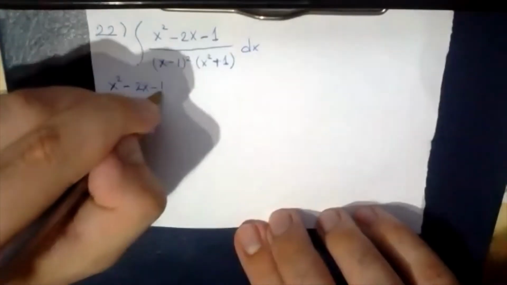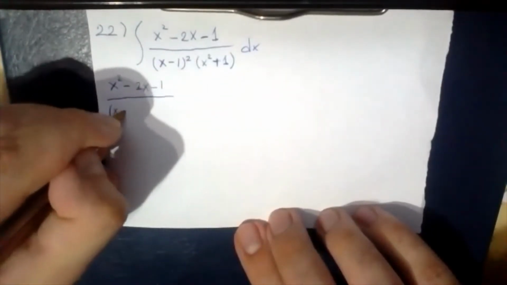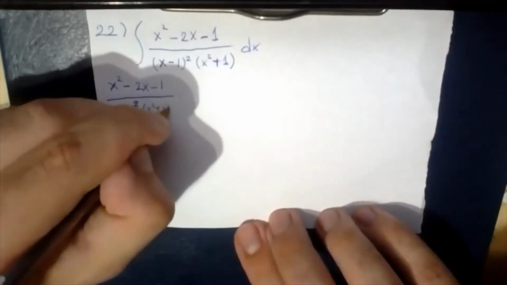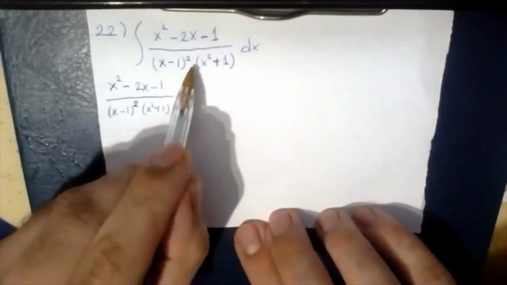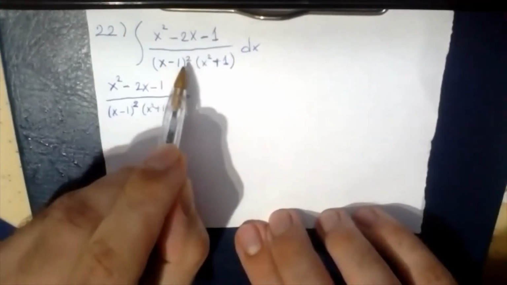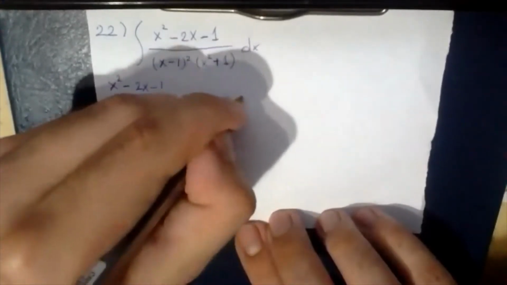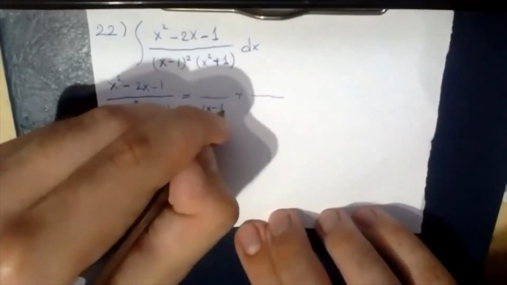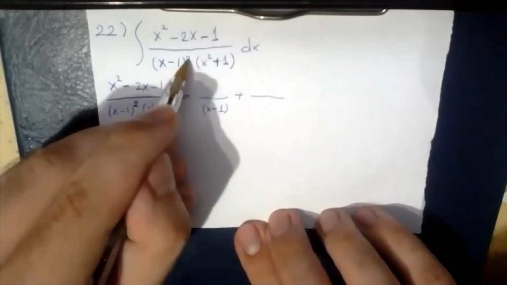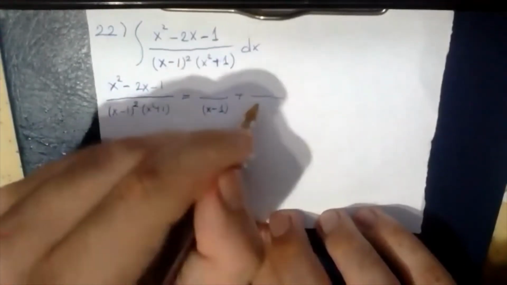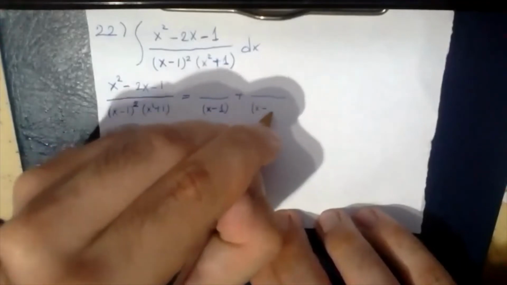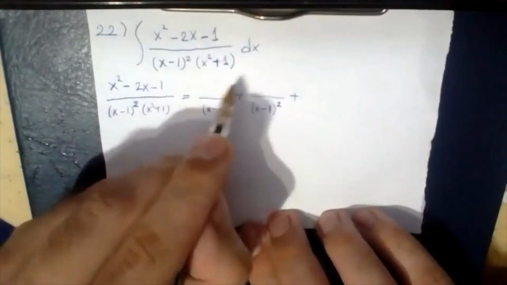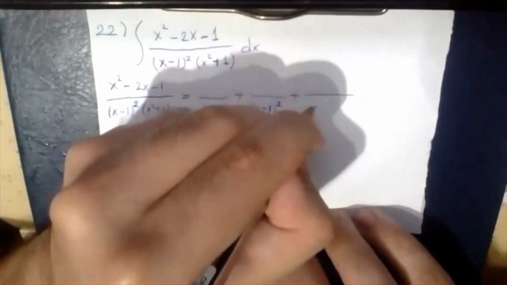x squared minus 2x minus 1 will be decomposed into the factors of its denominator. The first factor is x minus 1, but it has a square. So in the decomposition, we will have all powers of x minus 1 starting from 1 up to its actual power in the denominator, which is 2. And plus the other decomposing part is x squared plus 1.